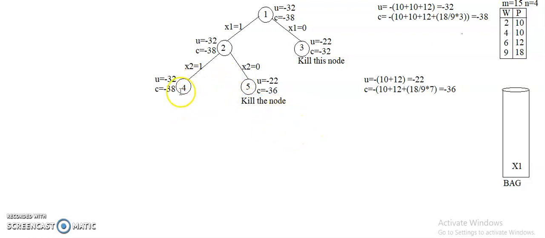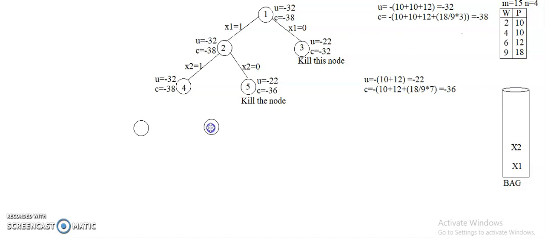Okay. Now since this is considered, x2 also needs to be present in my knapsack. So the second object is also added to my knapsack. Now let me see, can I add x3? I will not compute it again, I will directly write the values.